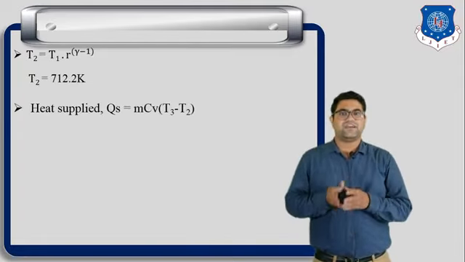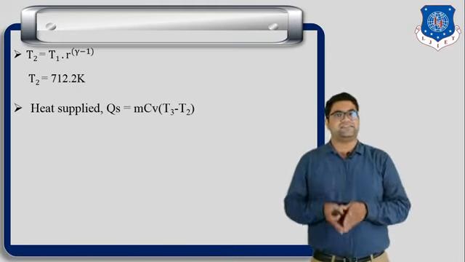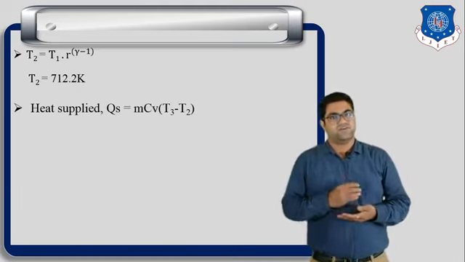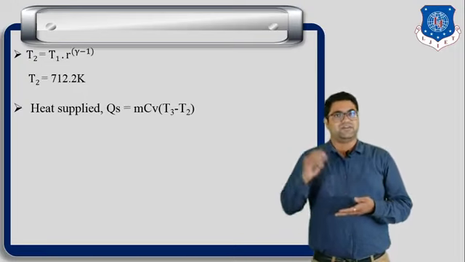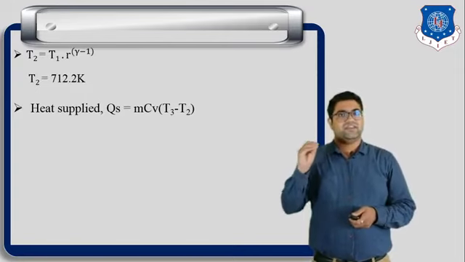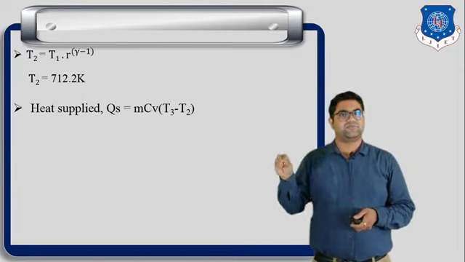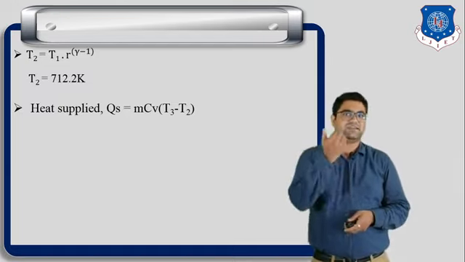Now we are going to calculate the heat supplied. So we can write heat supplied is equal to m Cv delta T, and delta T is the final temperature minus the initial temperature. The final temperature of the process was T3 and the initial temperature of the heat supply process is T2. So we can write m Cv (T3 minus T2).